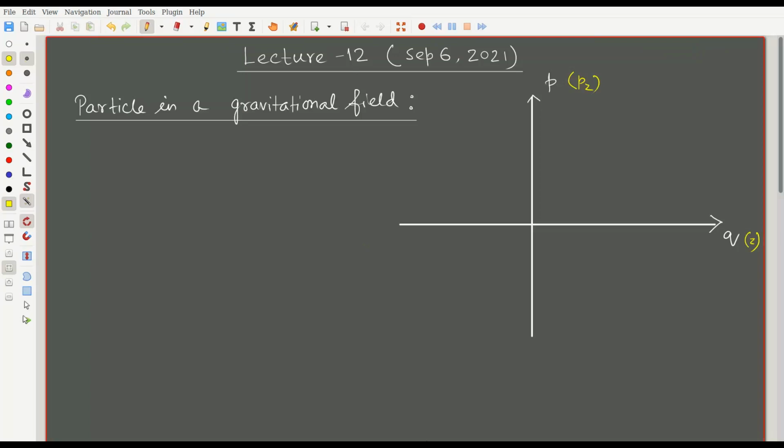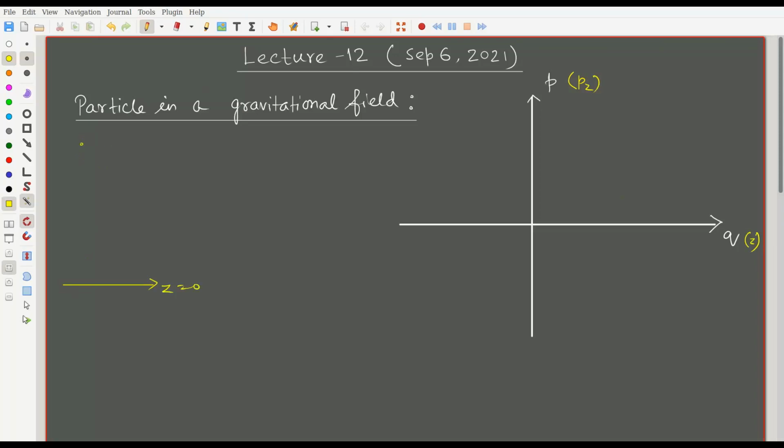Okay, so suppose the particle is falling under gravity from a height z equals h, and this is your ground, z equals 0.